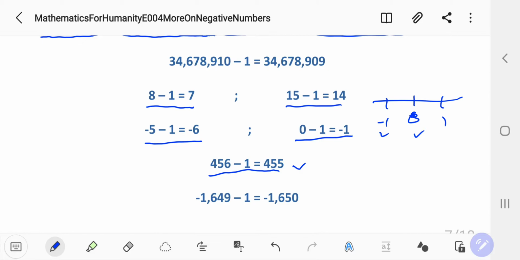That's the number before 456. And this one here, negative 1649 minus 1 is negative 1650.